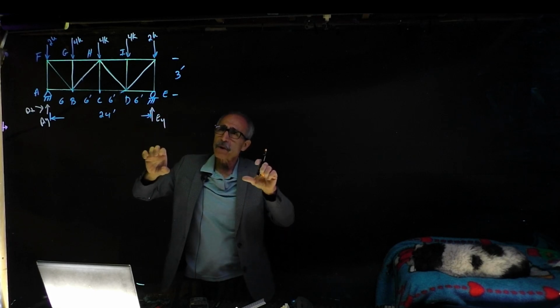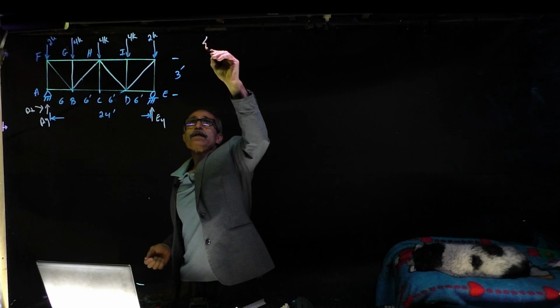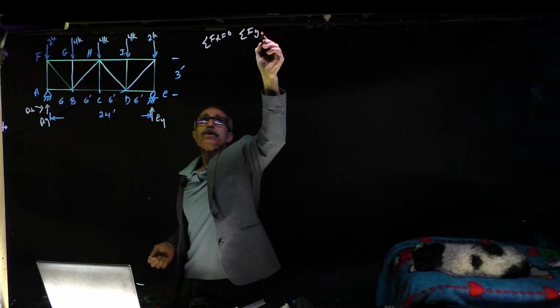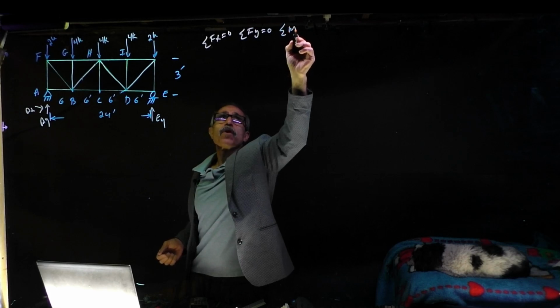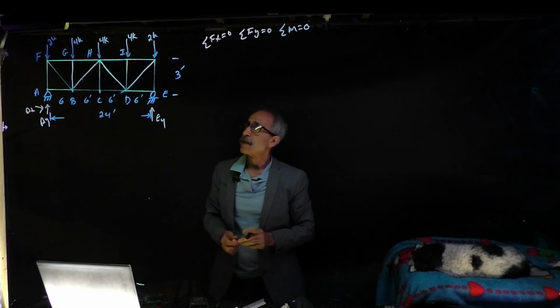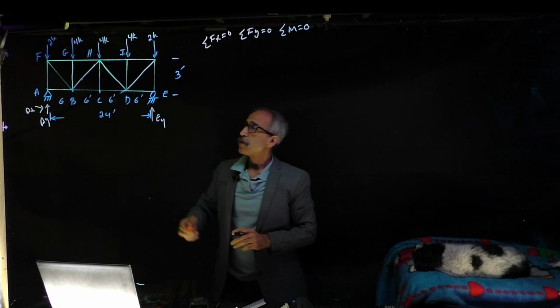So you have two rigid bodies, so all three equations apply: summation F of x is equal to 0, summation F of y is equal to 0, and summation of moments is also equal to 0, in those three equilibrium equations. So let's go ahead and solve this.